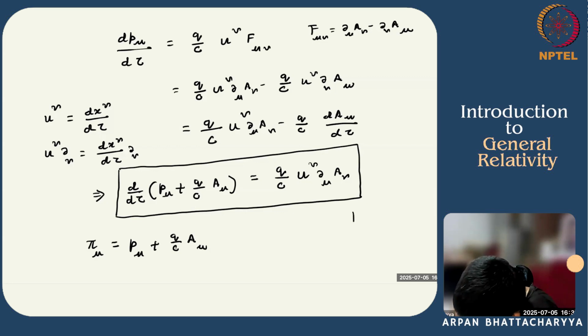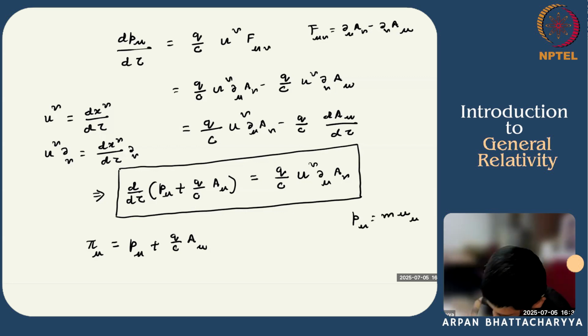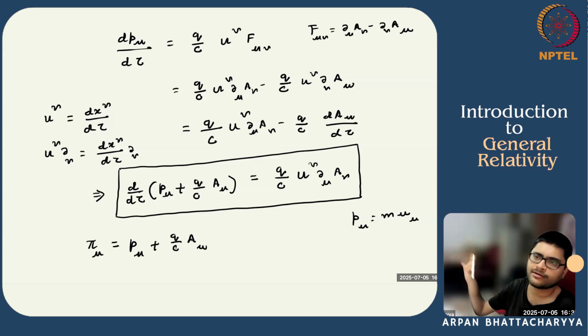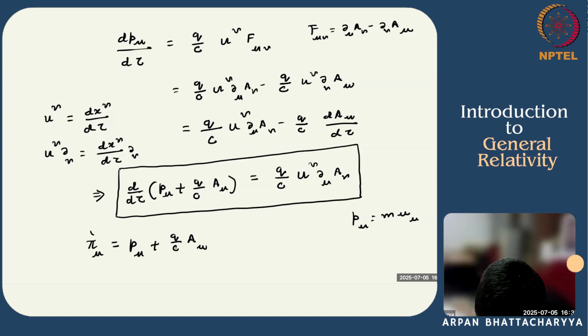So remember, for a point particle p mu, the kinematical momentum is just m times u mu, but the canonical momentum is this kinematical momentum plus a contribution coming from the field itself. This is the canonical momentum.